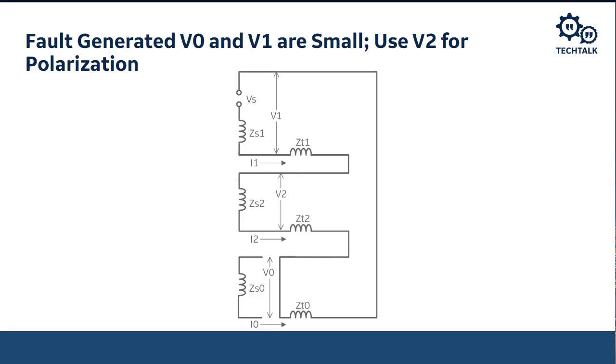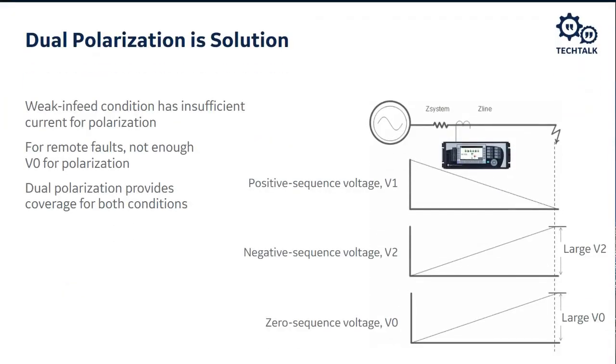It's also where our voltages will be the highest. That means if we're really close to a source and our source impedance is particularly strong, we may not have enough voltage there to operate. So one solution to that can be to use dual polarization. With dual polarization, the relay can decide to either use V0 or the actual current that's flowing through the relay.